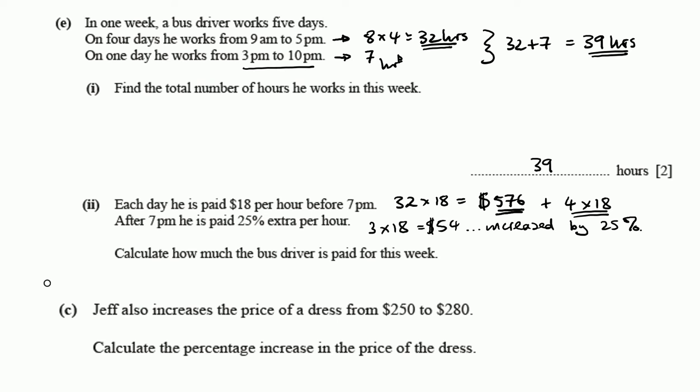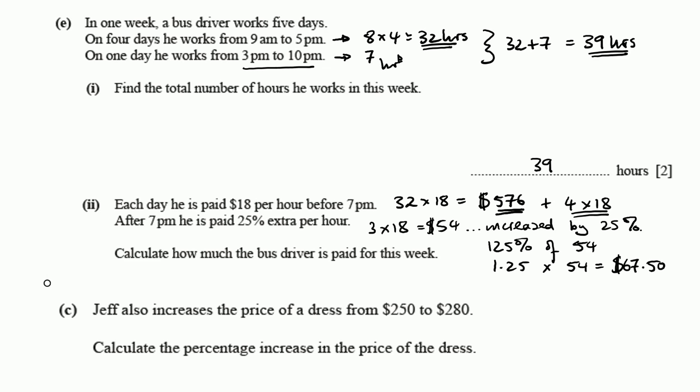So if that $54 is 100% and I increase by 25%, I need to work out 125% of that $54. That is 1.25 times 54, and we can work that out on the calculator, giving us $67.50.